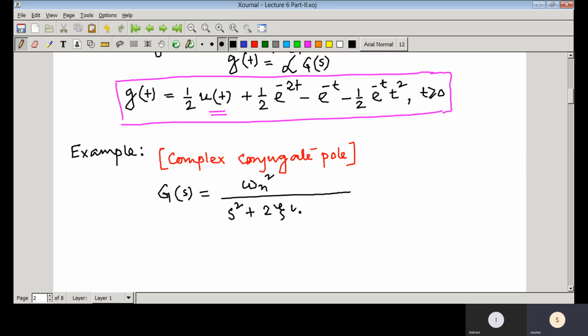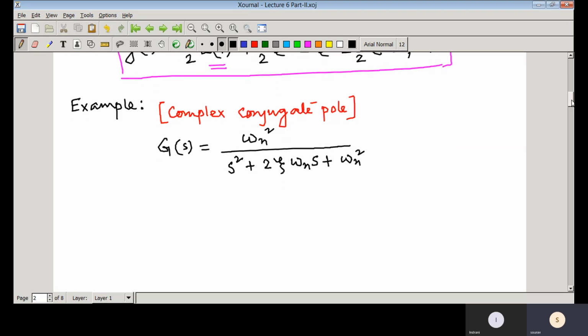Later on you will see that this particular rational transfer function appears in the case of a second order system, and there are many physical systems like the spring mass damper system and the series RLC circuit that can be modeled with this transfer function. In that case you need to find the time response. So basically you need to solve the problem that we are going to solve.